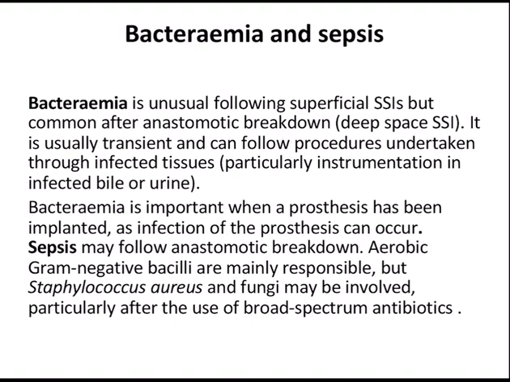Bacteremia is important when a prosthesis has been implanted, as infection of the prosthesis can occur. Sepsis may follow anastomotic breakdown. Aerobic gram-negative bacilli are mainly responsible, but Staphylococcus aureus and fungi may be involved, particularly after the use of broad-spectrum antibiotics.